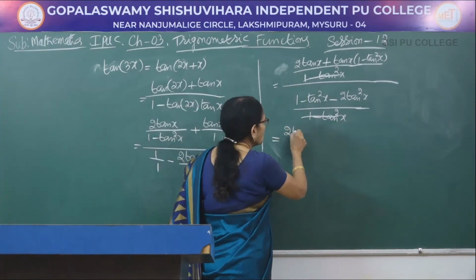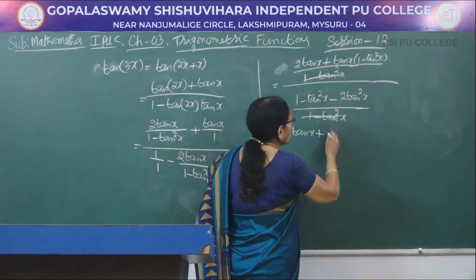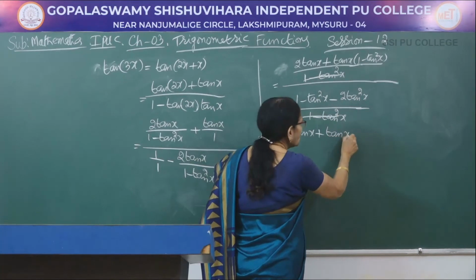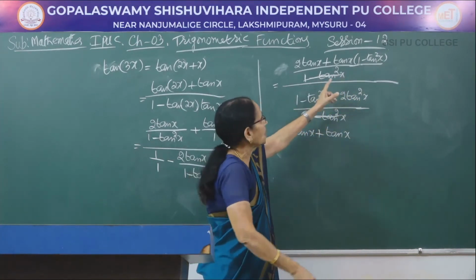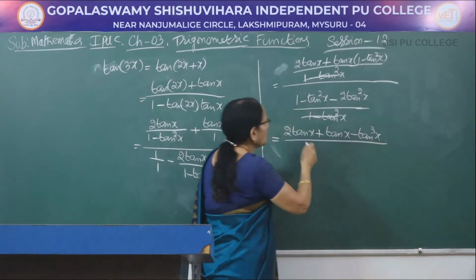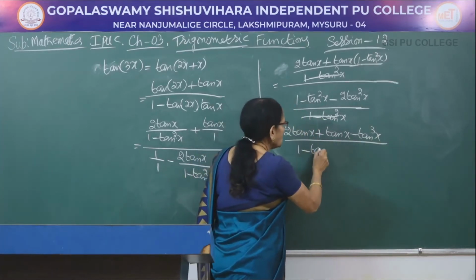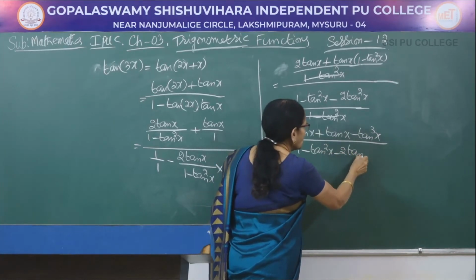2 tan x you write as it is, then plus tan x into 1. Whenever you are having more than one term, always write inside the bracket, tan x into minus tan square x is minus tan cube x. Whole thing divided by 1 minus tan square x minus 2 times tan square x.